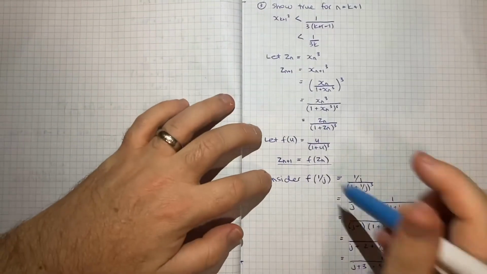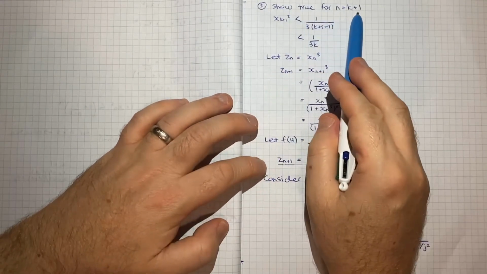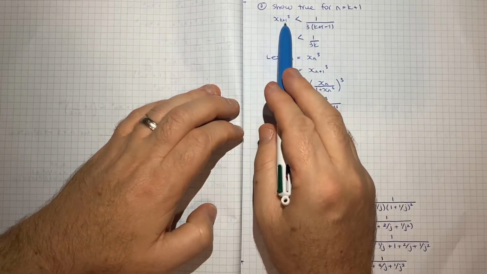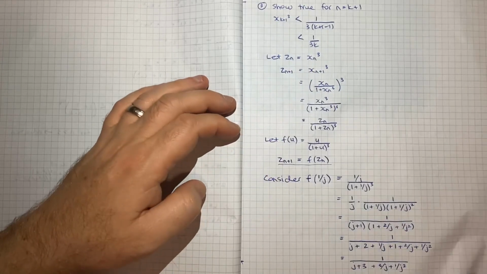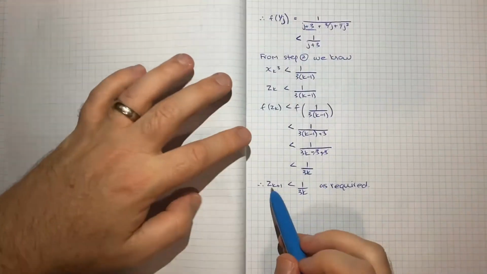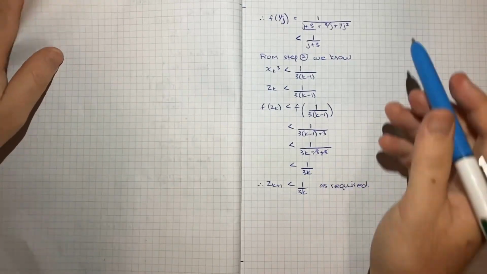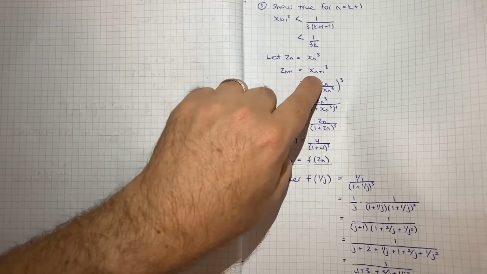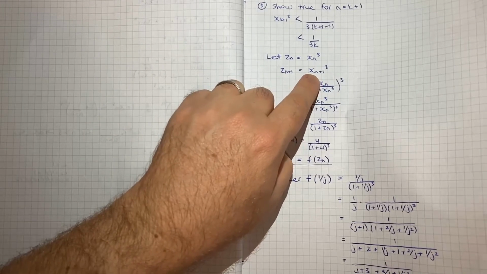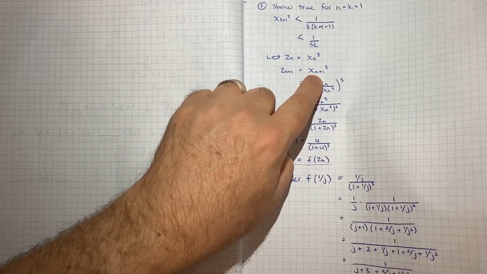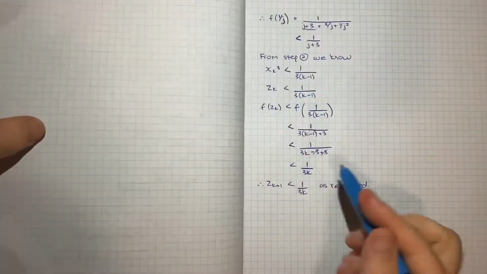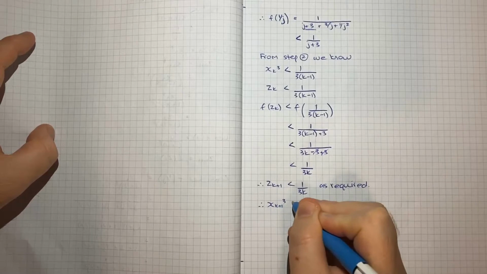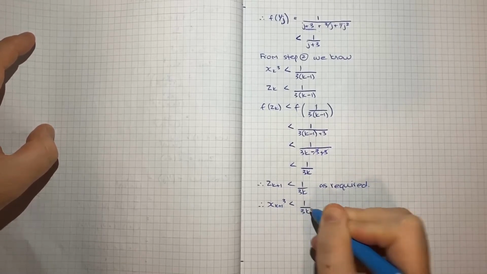So remember we had to show it true for n equals k plus 1, which effectively meant we had to show x_(k+1) cubed is less than 1 on 3k. We've shown that z_(k+1) is less than 1 on 3k. z_(k+1) would be the same as x_(k+1) cubed, so I'll just write that to make it clear: x_(k+1) cubed is less than 1 on 3k.